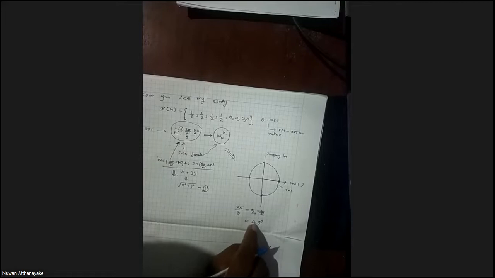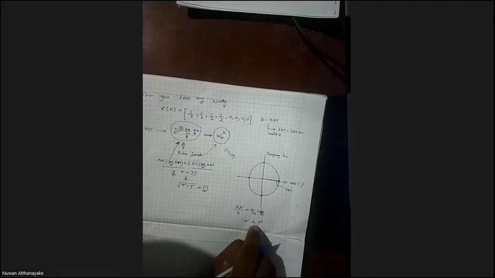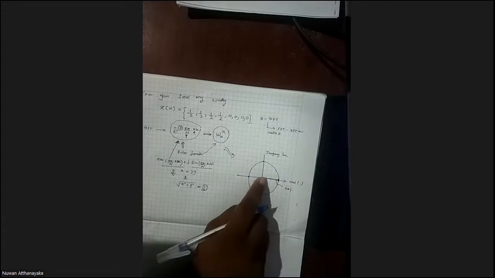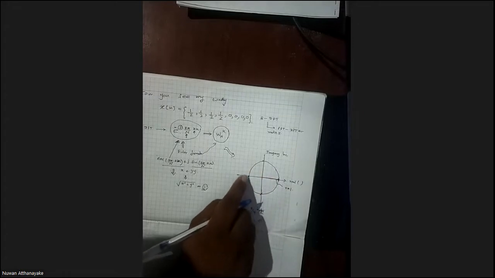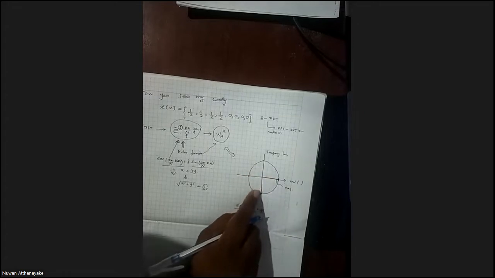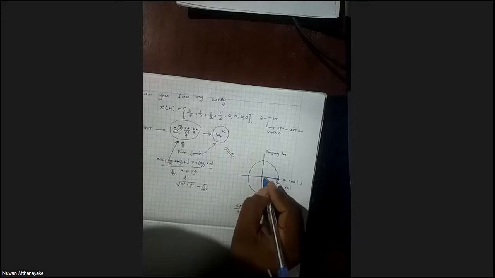So if I divide this circle with 45 degree angle, I can divide this circle into equal 8 pieces, okay. So I will do like this.